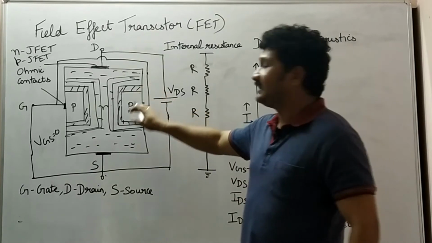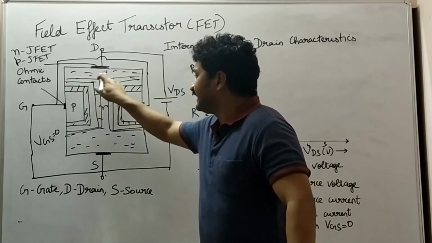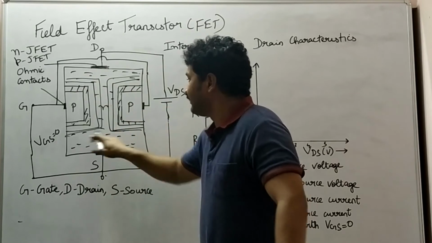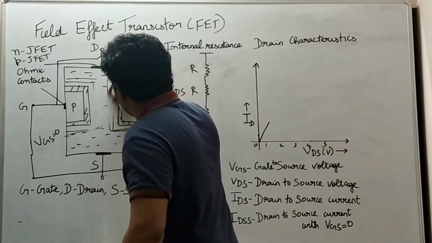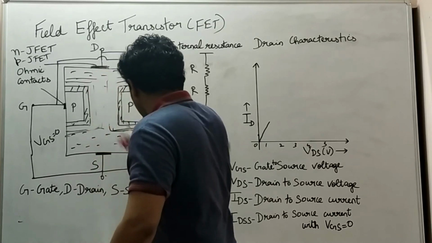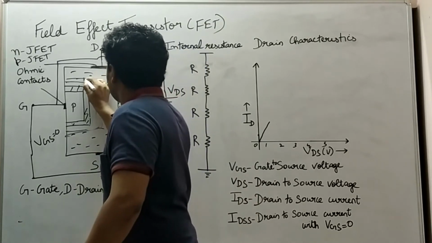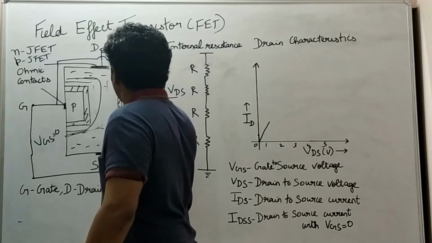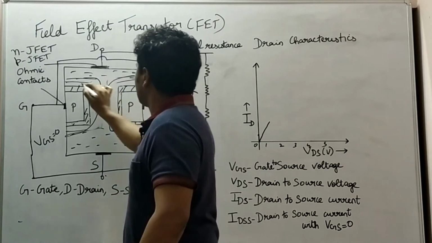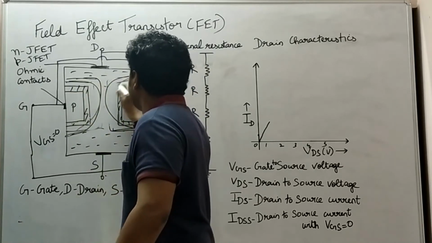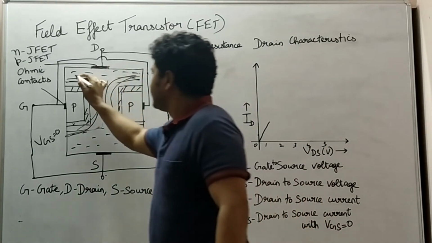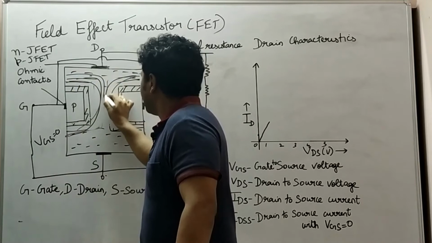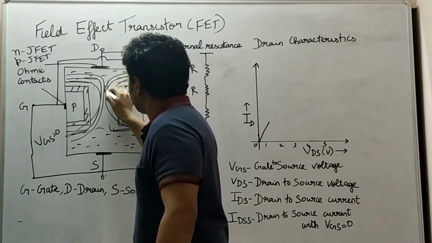In practice, the depletion layer does not increase inside in an even way. It will increase in a way like this. Slowly from the internal point, it will increase toward the gate.